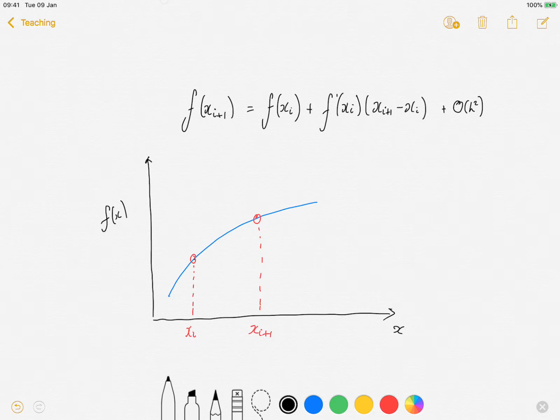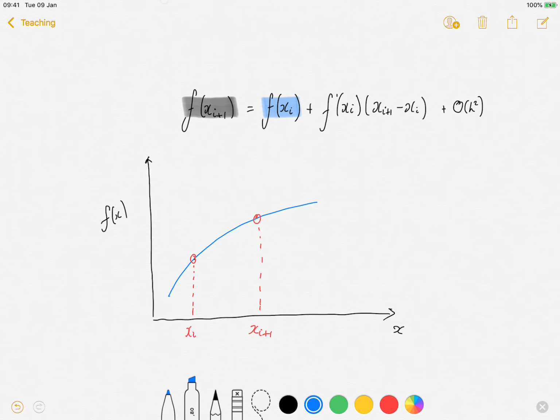term by term. So if we have the first term, that is f of x at i plus 1 approximately equaling the function value at f of xi, then in other words, the function values are the same.